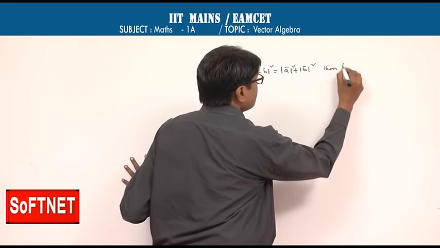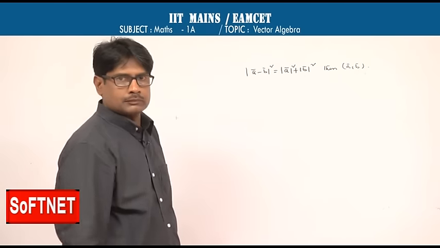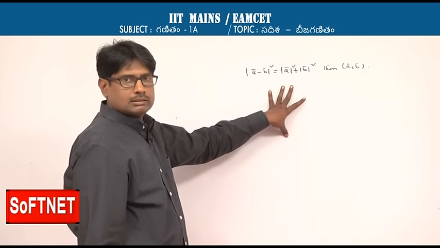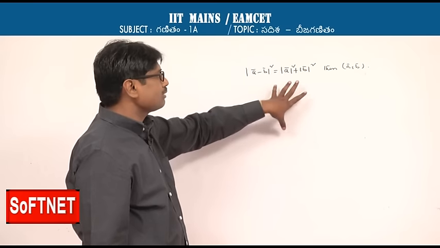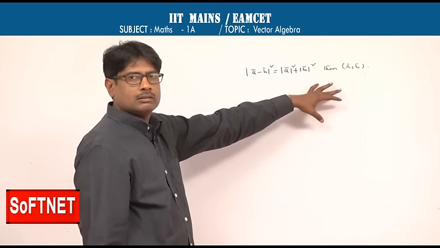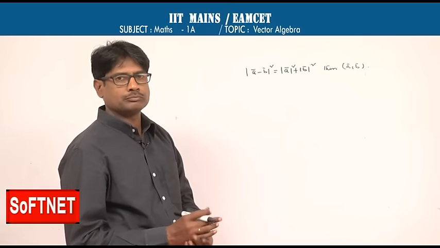Then what is the angle between A bar and B bar? If A bar and B bar are two vectors satisfying the relation mod of A bar minus B bar whole square equal to mod of A square plus mod of B square, then what is the angle between A bar and B bar అన్నాడు మా.